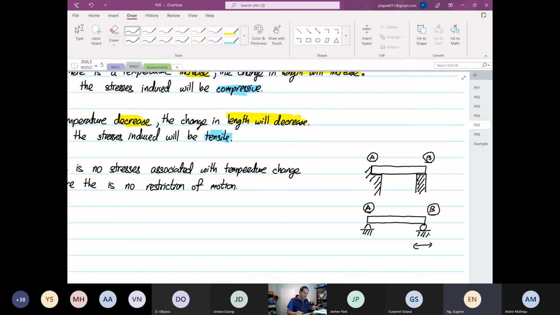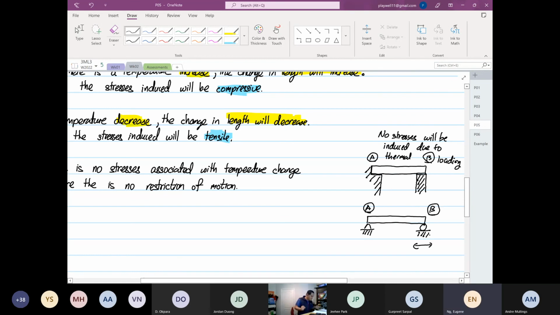One of the reasons is no stresses will be induced due to what? Thermal loading. Thermal loading means what? Change in temperature.